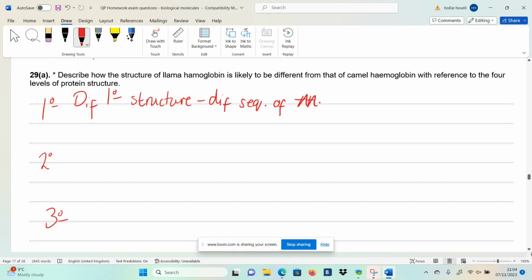You could then go on to the secondary structure. If they've got a different primary structure, then they'll have a different secondary structure. And prove that you know what secondary structure means.